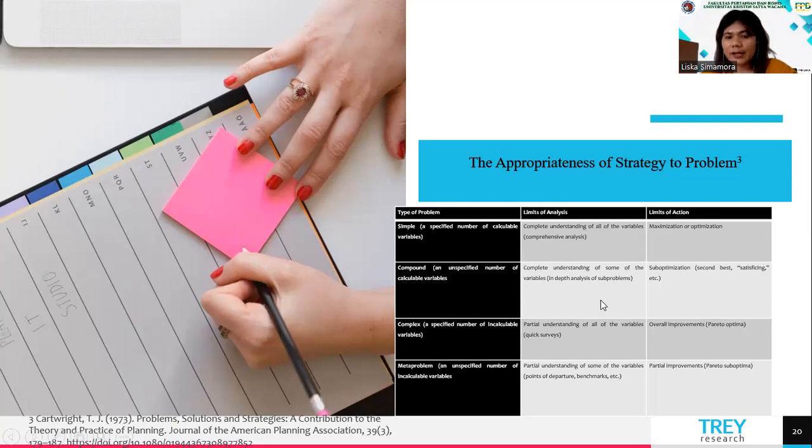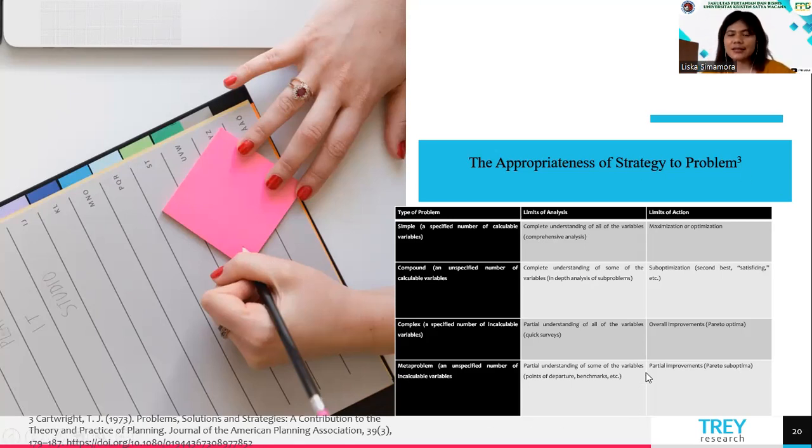Okay. And the second type is compound problem. So our analysis is limited only to a complete understanding of some of the variables. It means not all of the variables. And the third one is complex problem, because this complex problem has a specified number of variables, but the variables are not calculable.